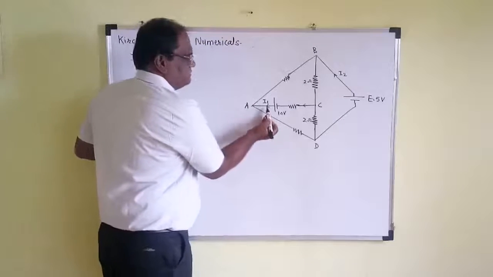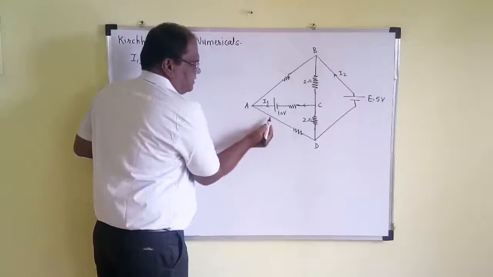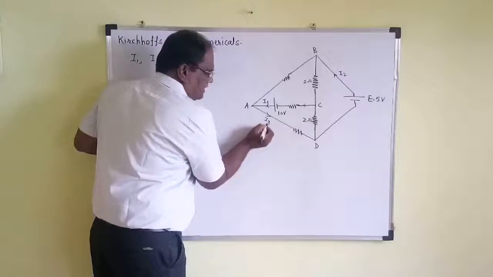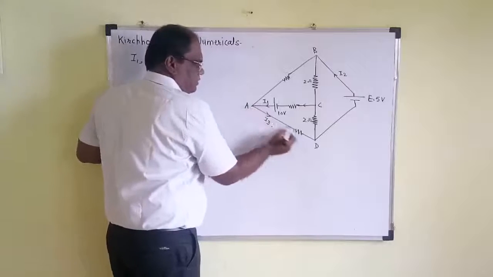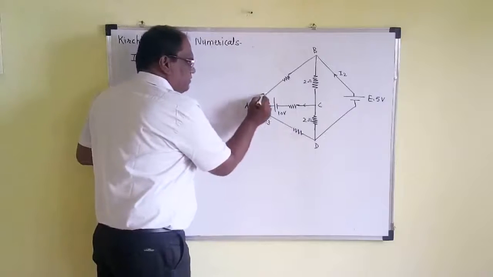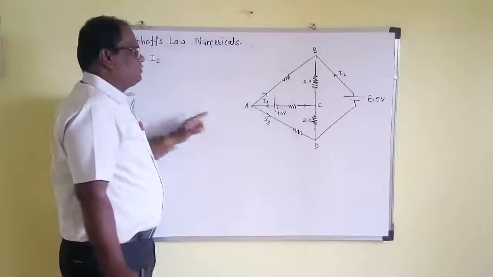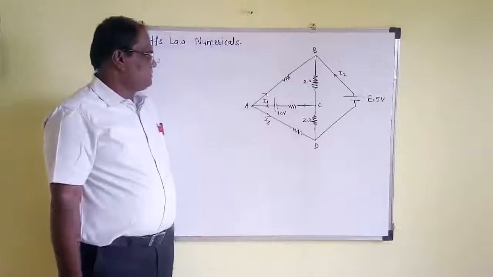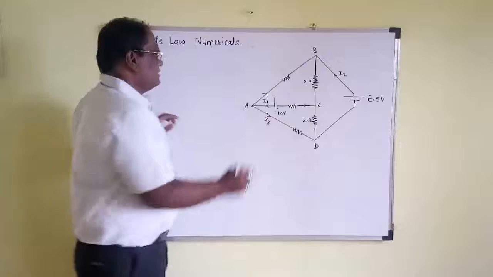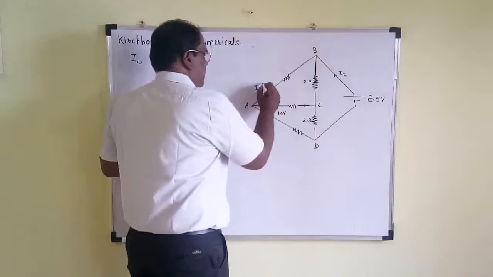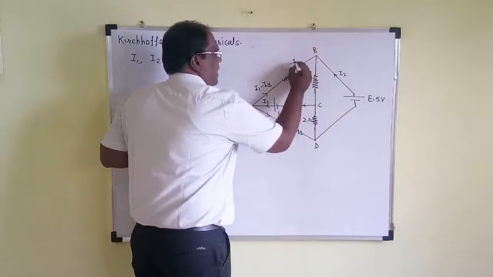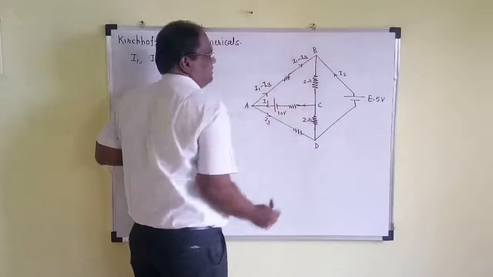Now at this point A, this is the current I3 flowing through the branch AD. Now if this is I3, what is the value of the current flowing through this branch? I1 minus I3.